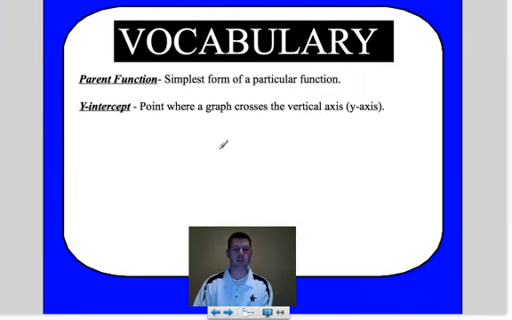Okay, so the first thing we need to know is what a parent function is. We're making a lot of connections between what a parent function is to different functions as we proceed through. A parent function is the simplest form of a particular function. For example, y equals x is the simplest form of a line. Now we have examples of branches off that.